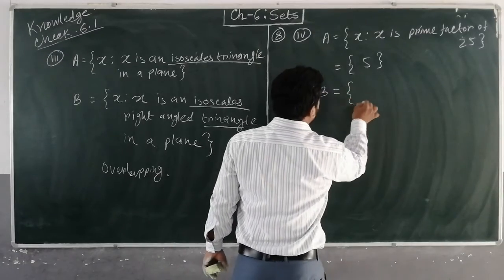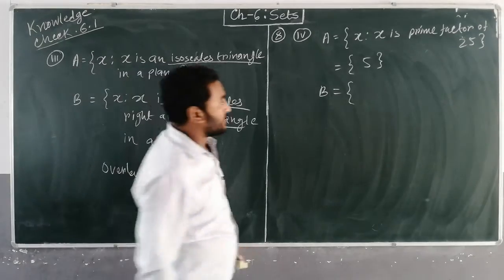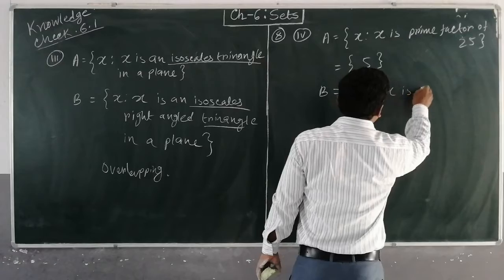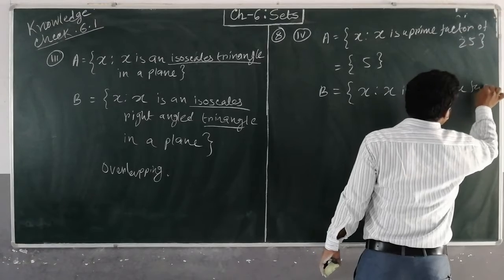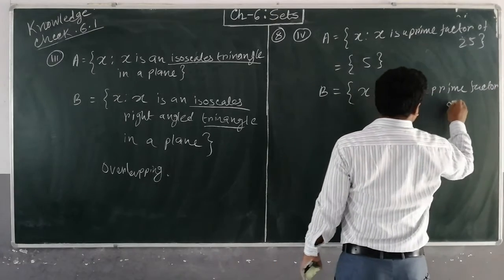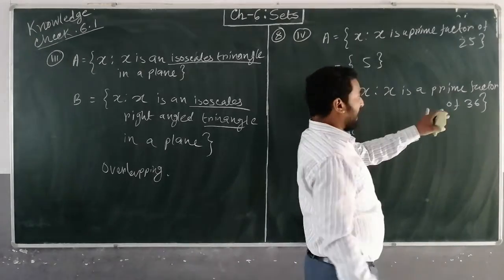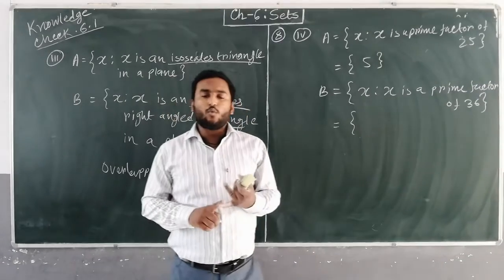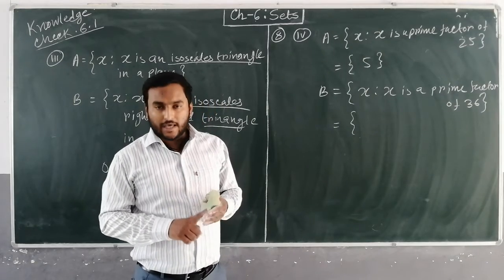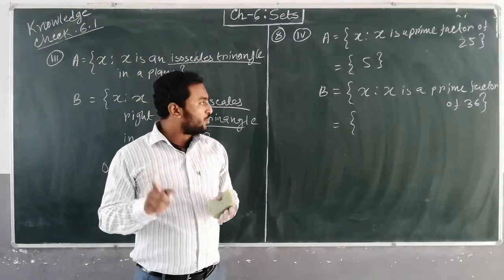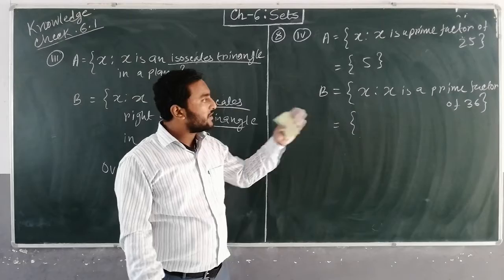Now B is the set of X such that X is a prime factor of 36. The factors of 36 are 1, 2, 3, 4, 6, 9, 12, 18 and 36.